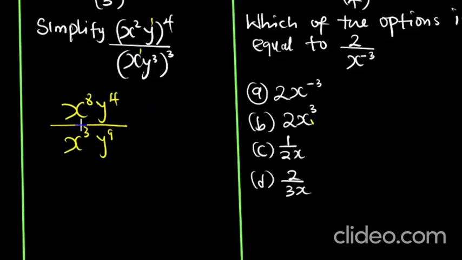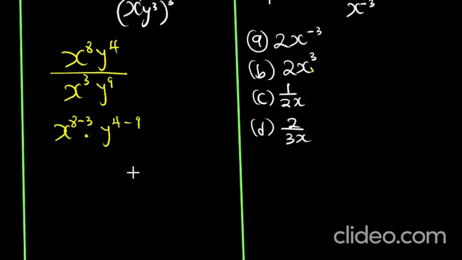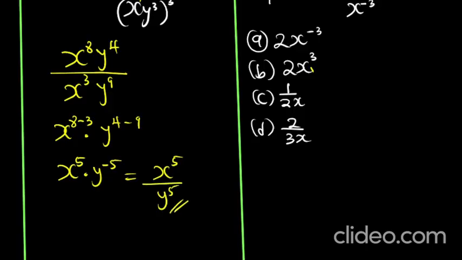This is the same base, so you subtract the powers. x to the power of 8 minus 3, y to the power of 4 minus 9. So 8 minus 3 is 5. x to the power of 5 multiplied by y to the power of negative 5. It's the same thing as x to the power of 5 divided by y to the power of 5.